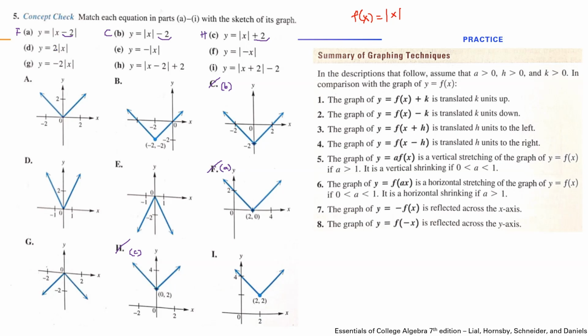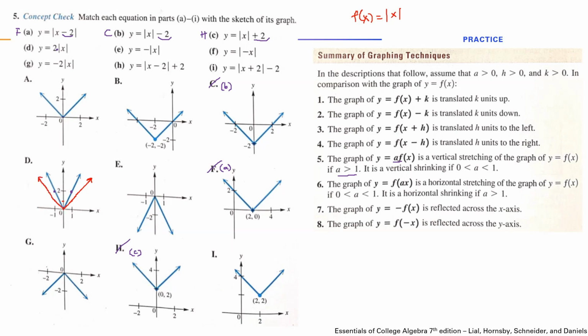Now we have the factor of 2, D: 2 times absolute value of x. That is outside, and a is greater than 1, so that is vertical stretching. The parent function graph looks like 1, 1 and negative 1, 1.